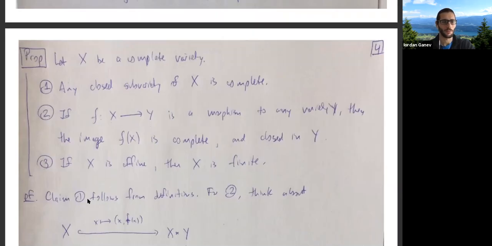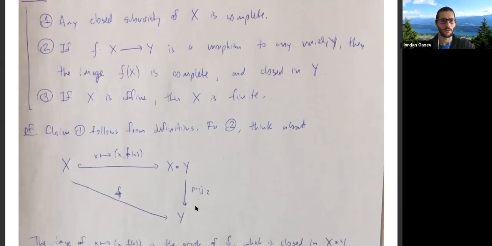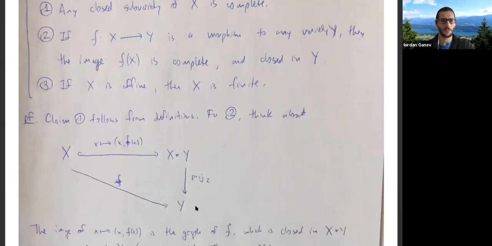For claim 1, it just follows from the definitions, because the definition is a statement about closed sets, and if we think about a closed subset of X, we get the right thing. So what about number 2? To prove it, we factor F into two maps, an inclusion and a projection.